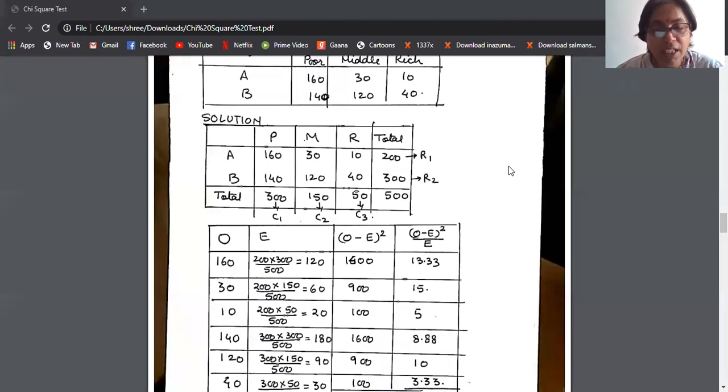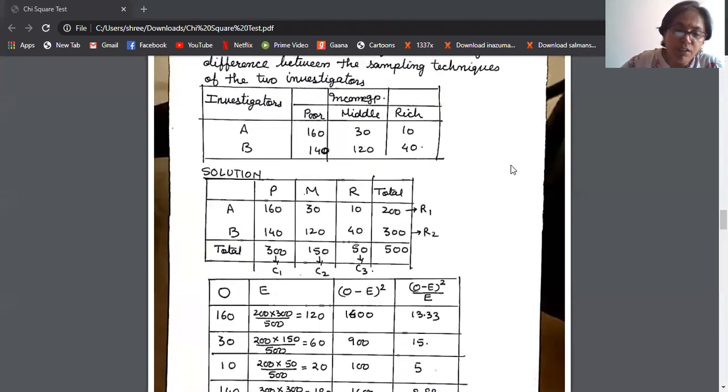For 30, it is going to be 200 into 150. The column total will change now. 150 divided by 500 and so on. So I want all of you to find all these expected frequencies on your own. Only the first two, three I have kept.